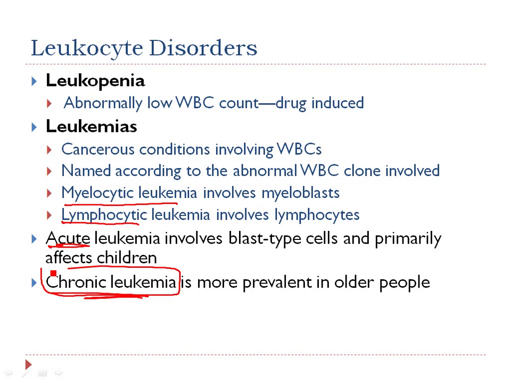Maybe the cells are not dividing as quickly as they do in the cases of acute leukemia. And yes, they may ultimately be fatal, but it probably is going to take a longer time for them to become fatal in general. Chronic leukemias are more prevalent in older people. Acute leukemias are more prominent in children and younger adolescents.